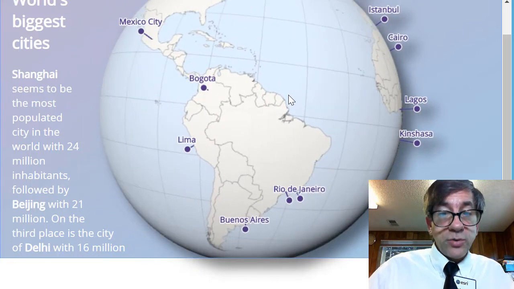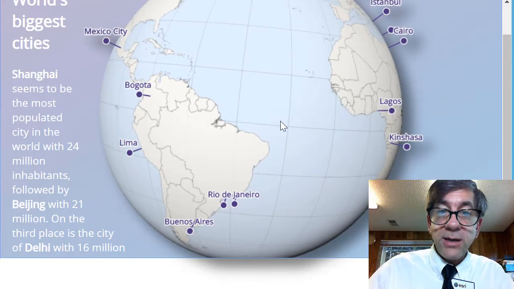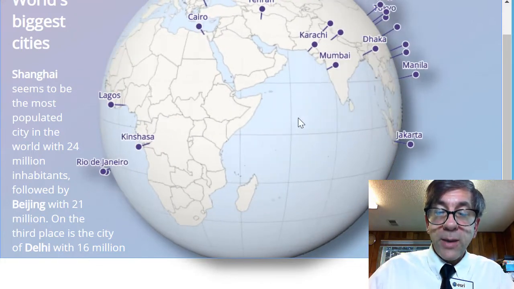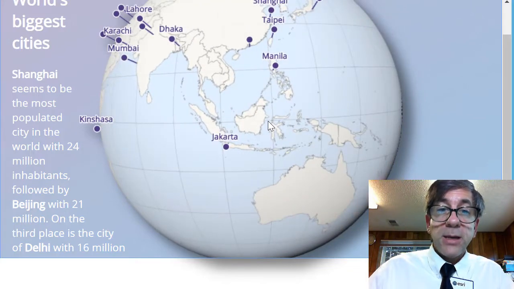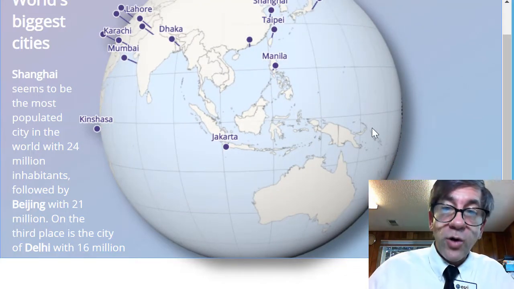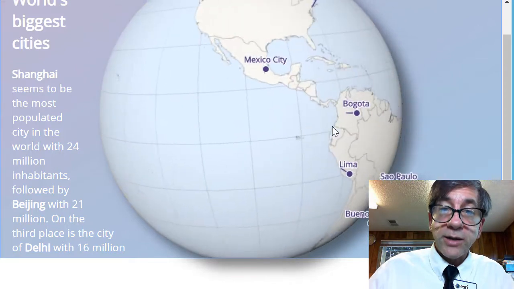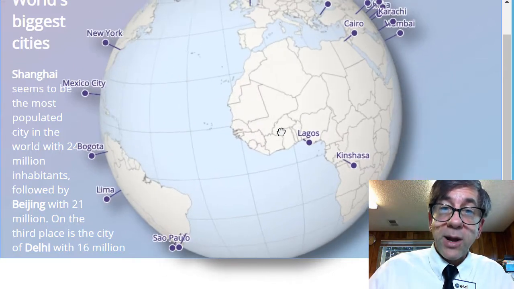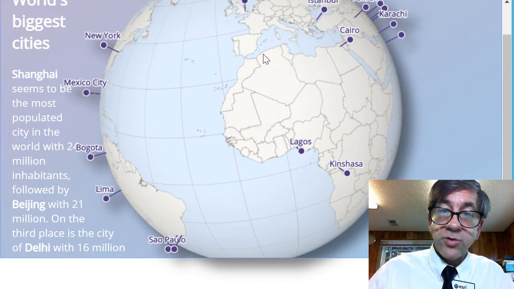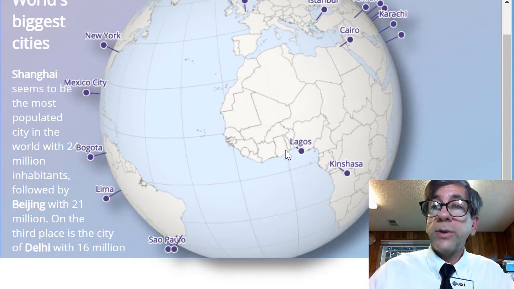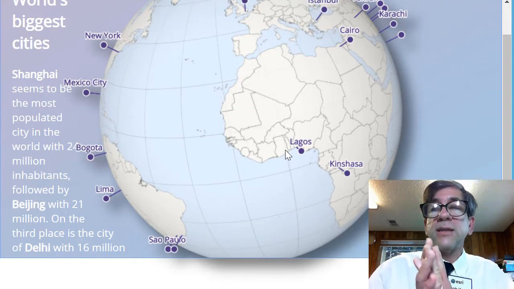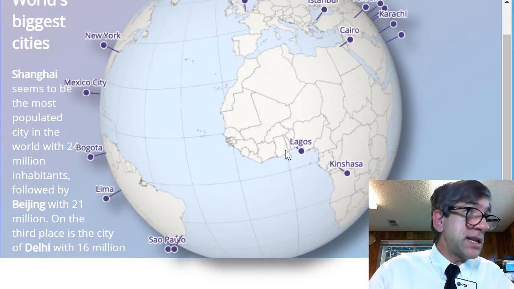So ask your students, okay, count. You've got a degree grid on here. Count how many cities are in the northern hemisphere, the southern hemisphere. What about the eastern versus the western? So you've also got the lines of longitude on here, and one of them actually is the prime meridian, which is this one right here that I'm showing. Okay, so count the number of cities in each hemisphere, count the number of cities in each continent.